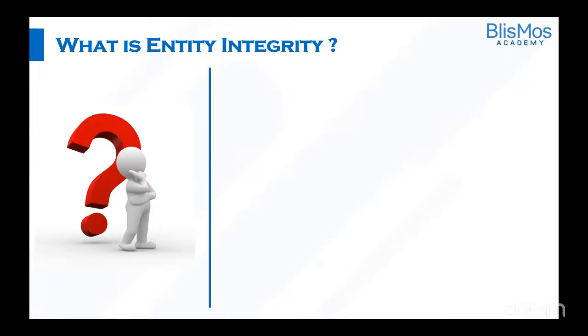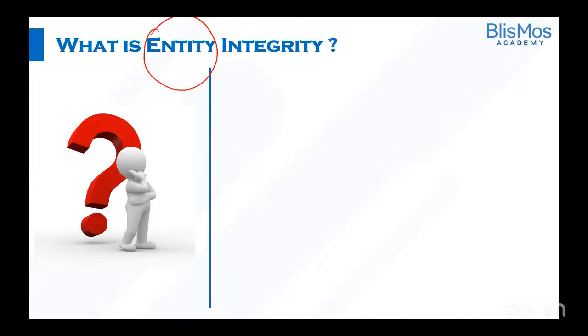Before we understand how to maintain entity integrity, let us understand what is entity integrity according to you guys. Entity is nothing but table. So what is the integrity of the table?